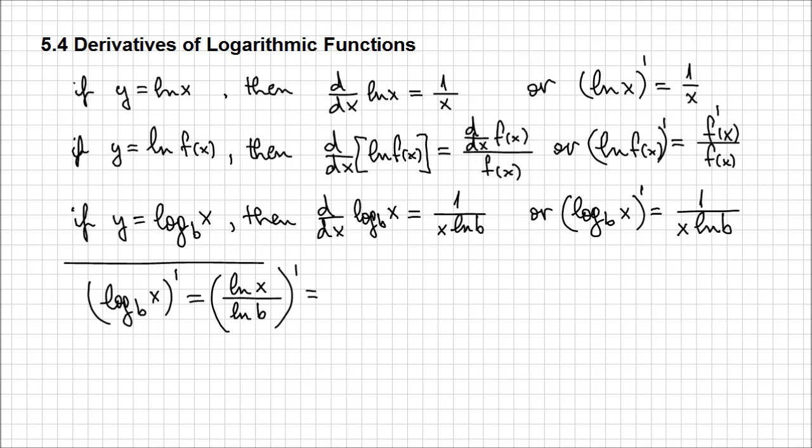This ln b in the denominator is actually a constant multiple, which we can factor out as 1 over ln b, and we are left with just the derivative of ln x, for which we already have the formula, and it's proven. So it's going to be 1 over x times ln b.